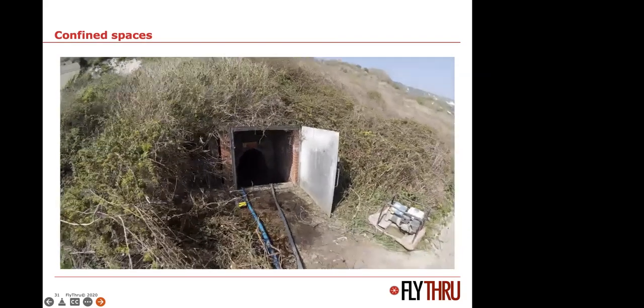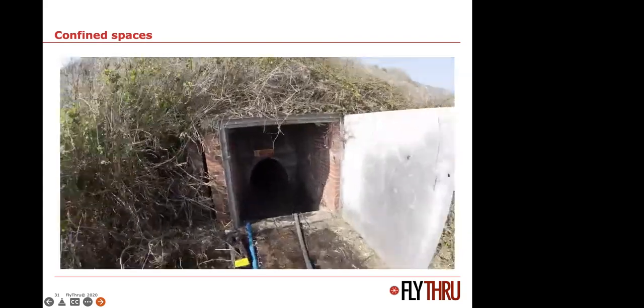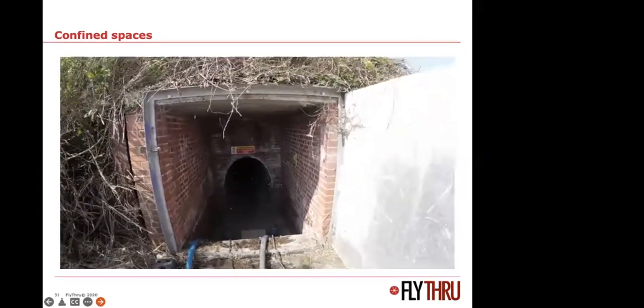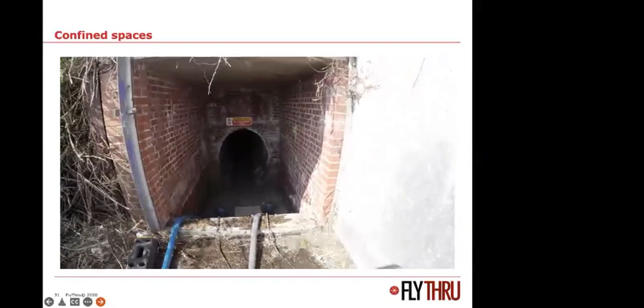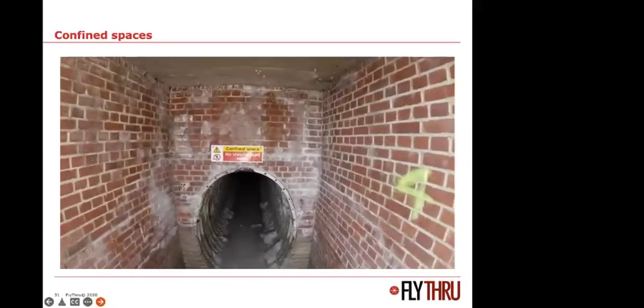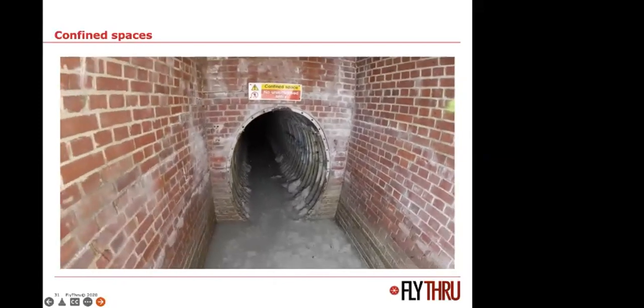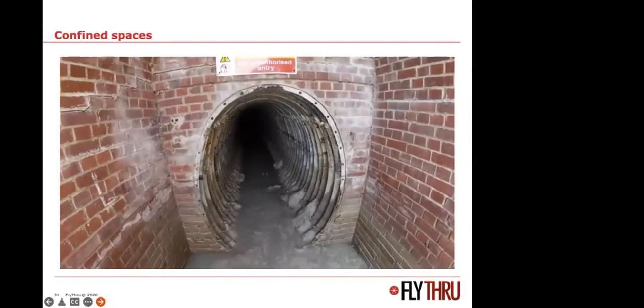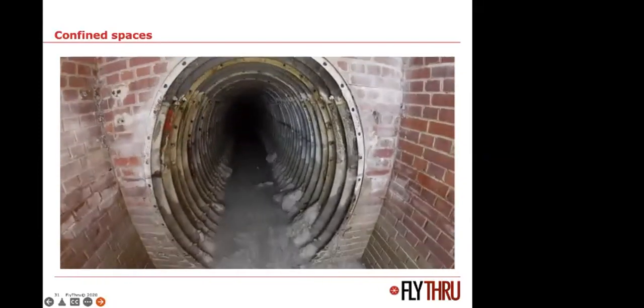is real time. So the drone is horrible to fly in the outside. We pumped out a lot of the water, or Network Rail had pumped out the water for us, and then we went into the drainage adit. Now, this drainage adit was modified in the 60s and lined, as you can see.